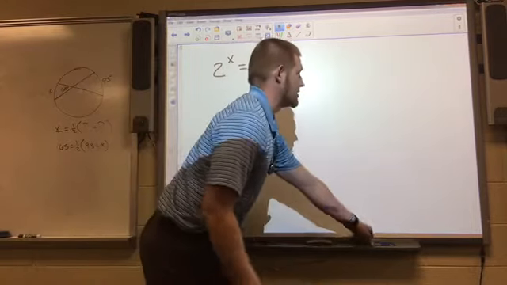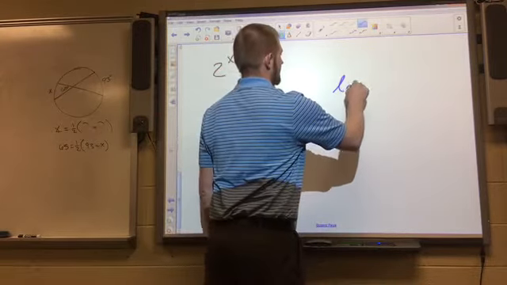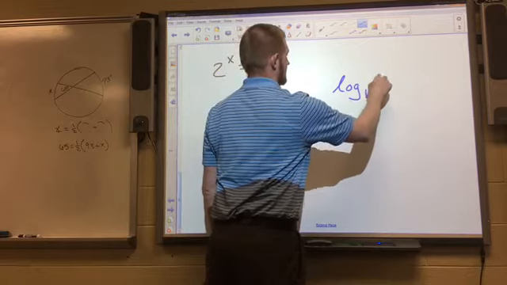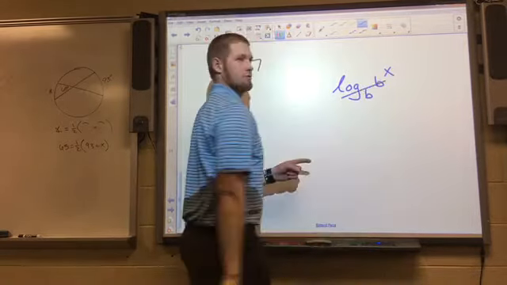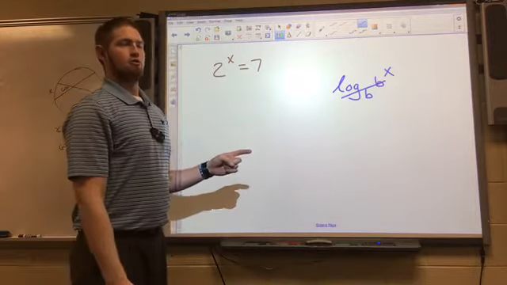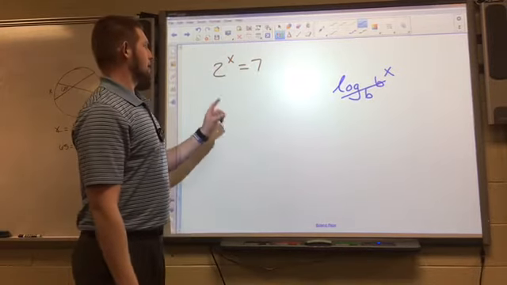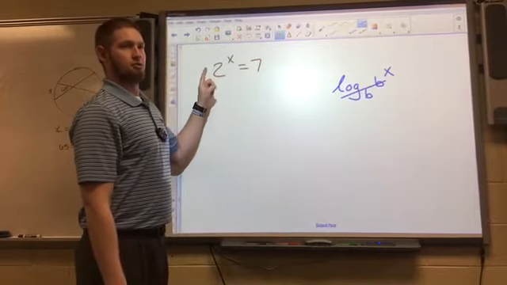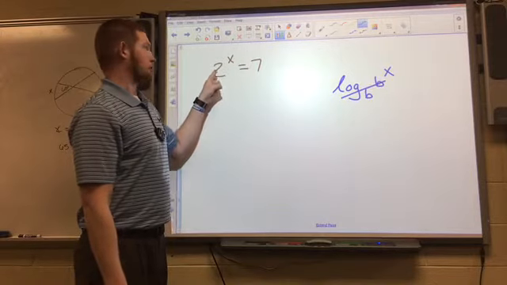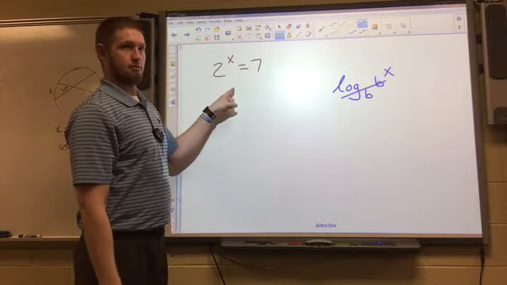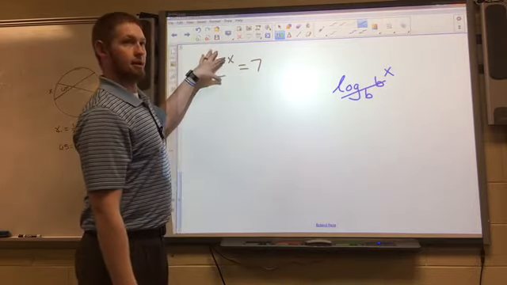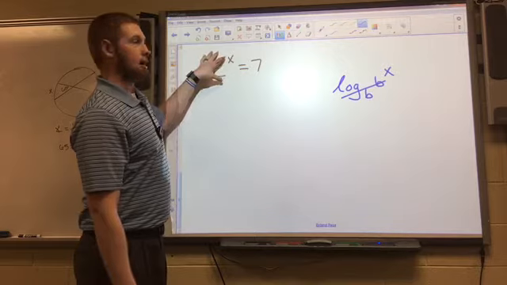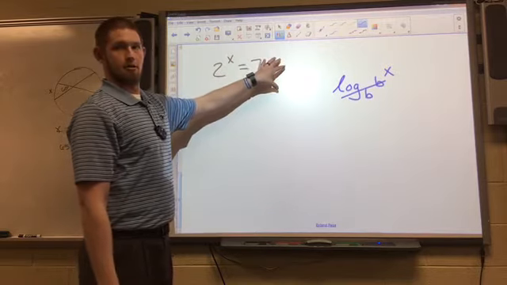Do you agree with me that if I have this scenario, this cancels? So what we're going to do is use log base 2 to get this to come down. But I know if I do something to the left side, I have to also do it to the right side.